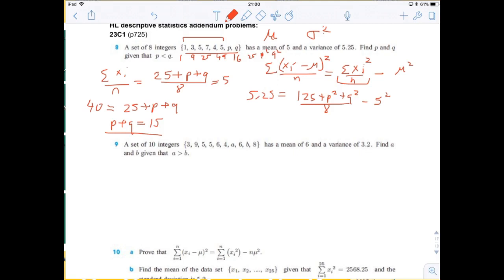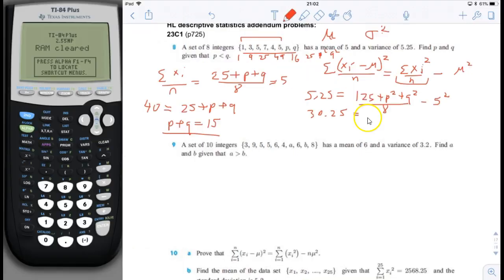So 5.25 plus 25 is going to be 30.25. Now I'm going to multiply everything by 8. If I multiply the left side by 8, I'll get 242. And if I multiply the right side by 8, then I'll just get 125 plus P squared plus Q squared.